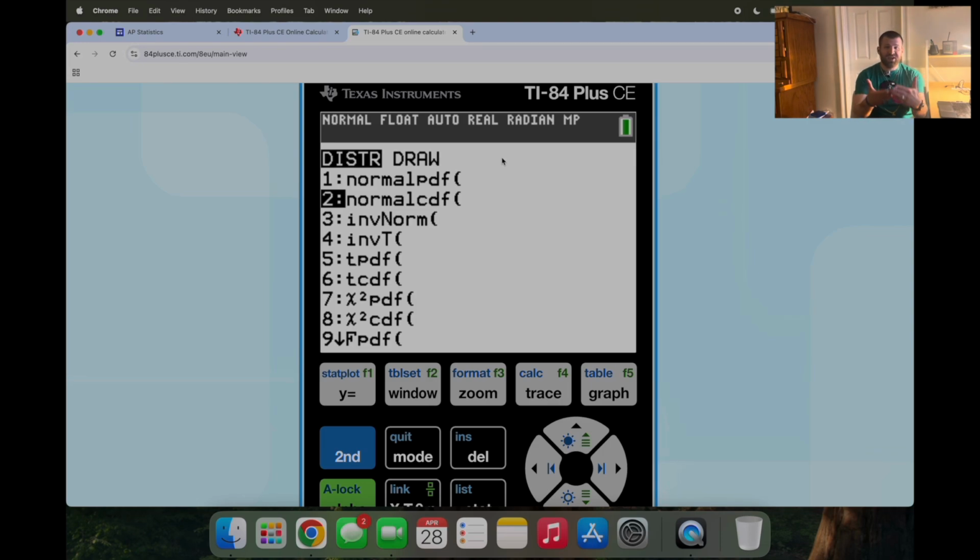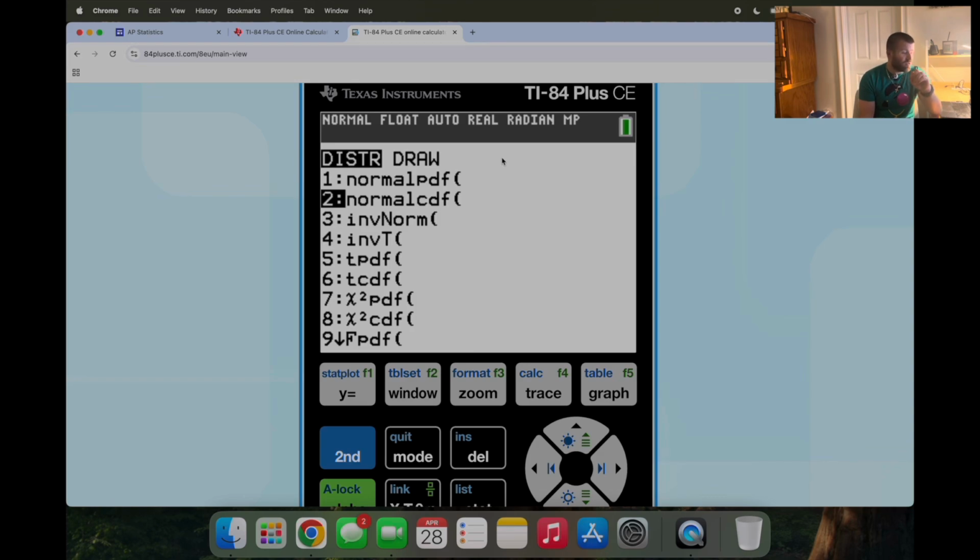Inverse normal does the opposite, where you will give your calculator a percentile, and it will give you back a number. What's really important about these calculator functions is that you cannot write TI speak on the exam and expect to get full credit. They are incredibly picky about how you define what you write.